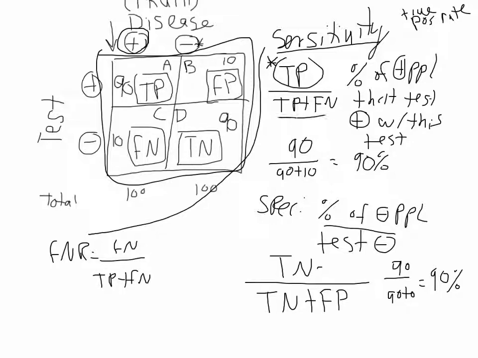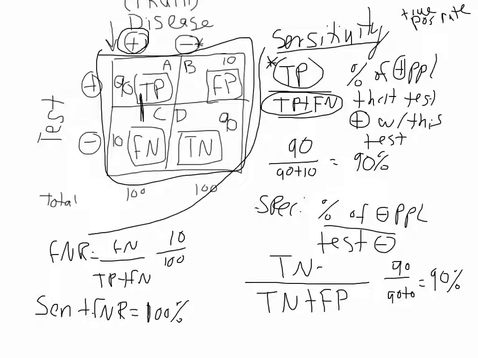So you can see it has the same denominator as sensitivity. It's simply inverting which of these two is going to be the numerator. And you'll see from this that it will be 10 over 100 in our example. And so you'll see that sensitivity plus the false negative rate will always equal 1, or 100%.